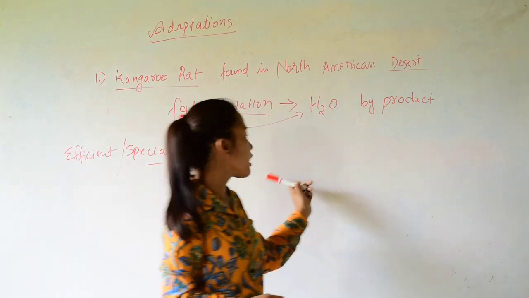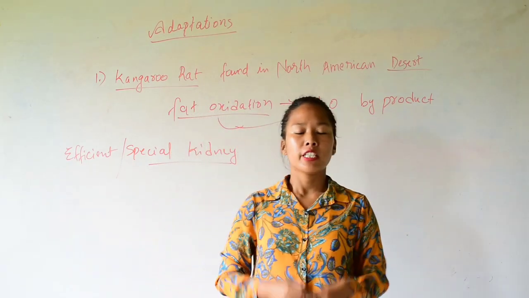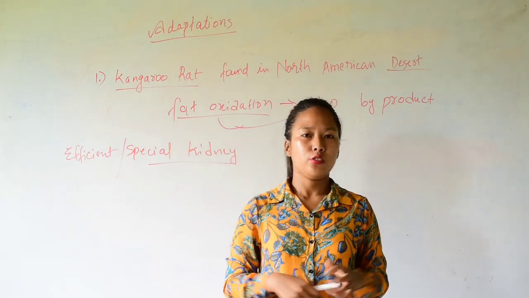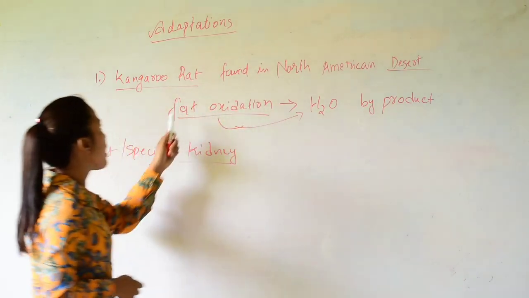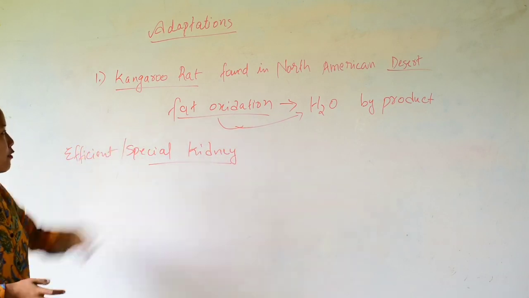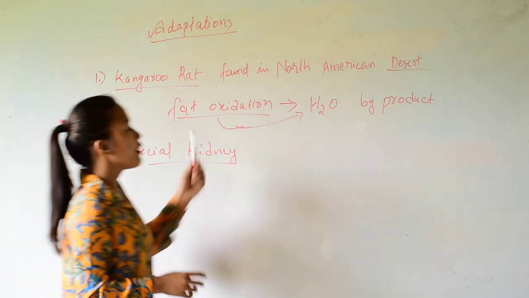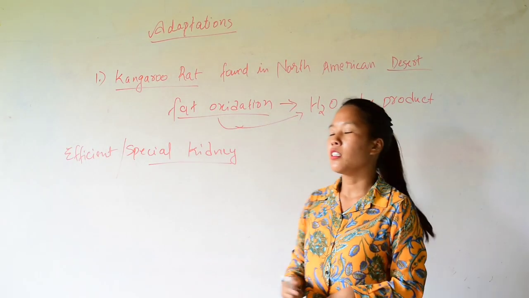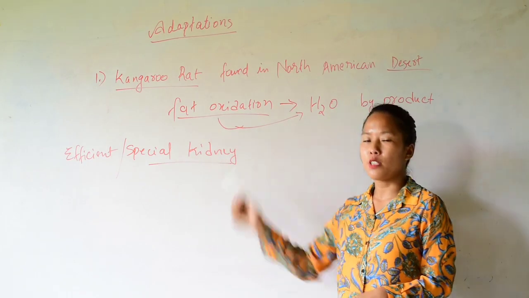So since they are giving out concentrated urine, there will be a minimal loss of water. So in this way, these organisms have modified their physiological processes, and then they are able to survive in very harsh conditions. So this is also an adaptation.